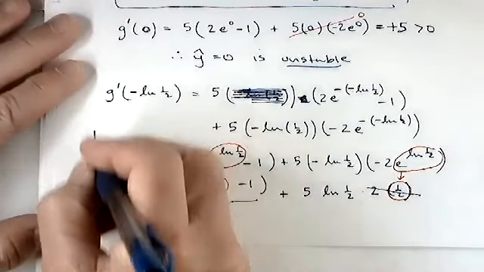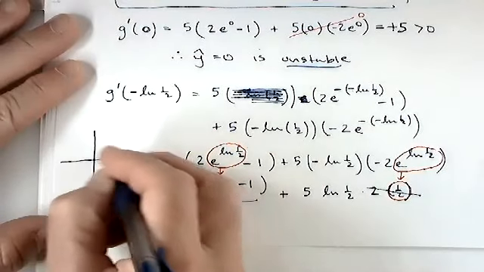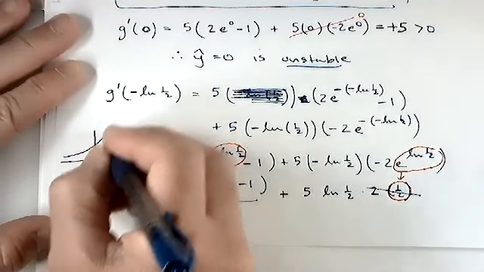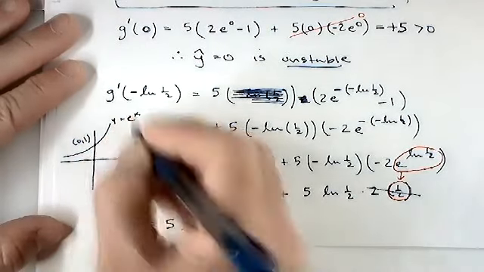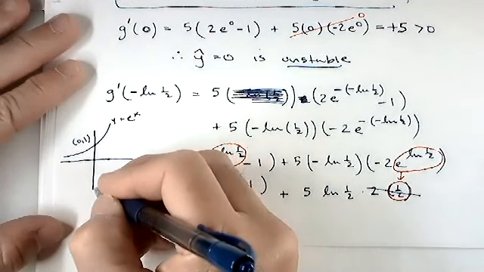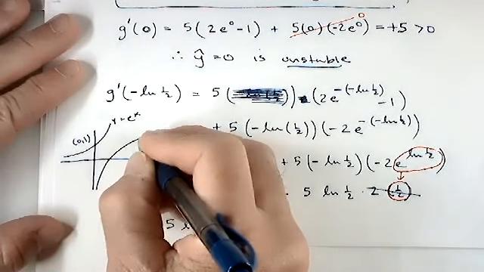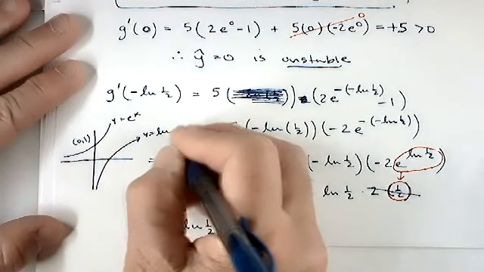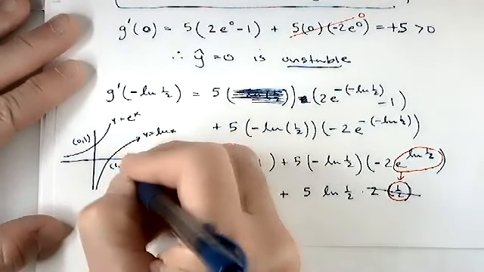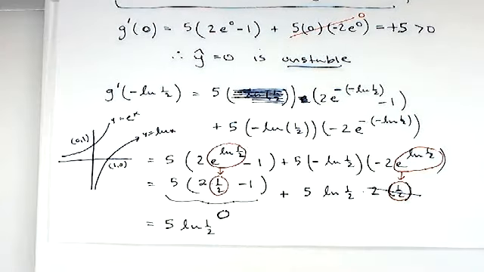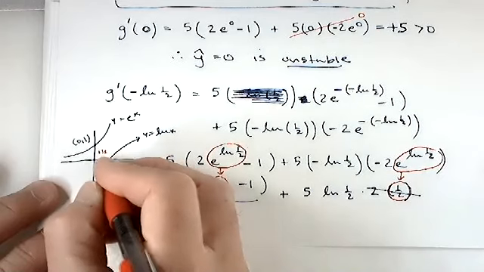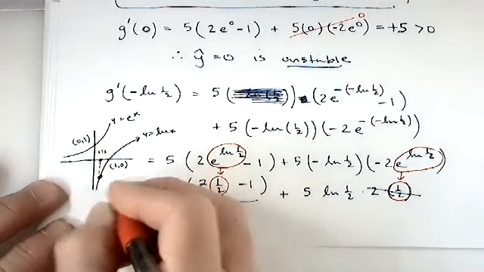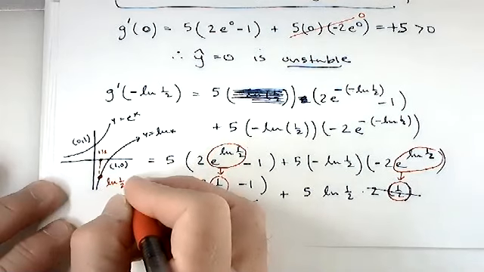Remember that the ln graph is the inverse of your e graph. And your e graph, which is a little more well-known, passes through 0, 1. Your ln graph is you reflect that around the line y equals x, so it passes through 1, 0. What I want you to know is, can you tell me what kind of number the ln of 1/2 is? 1/2 is right here. If I plug that into my ln function, the ln of 1/2 is going to be a negative number, isn't it?